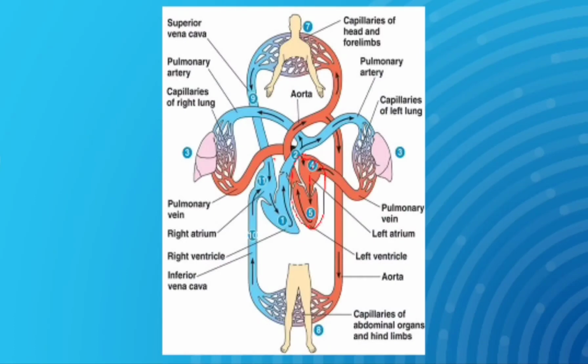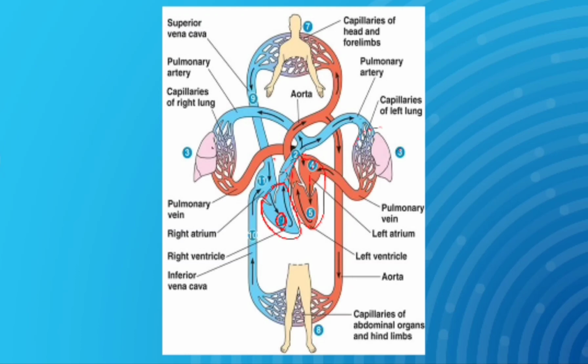Now let us summarize what we have learnt. The blood from the right ventricle is pushed through the pulmonary artery to the lungs. Contraction of the right ventricle pushes the blood through the pulmonary artery via the pulmonary valve into the lungs, where each artery enters the right lung and the left lung.